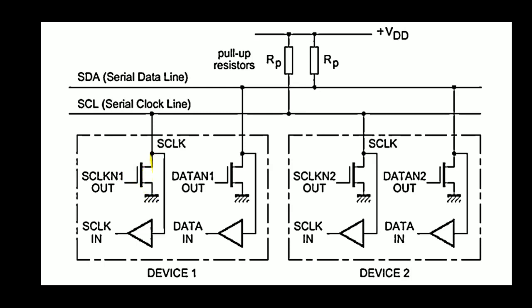So the SCL voltage also gets to 0. And after the start condition, we can carry out the communication similarly by modifying the gate voltage of each output transistor.